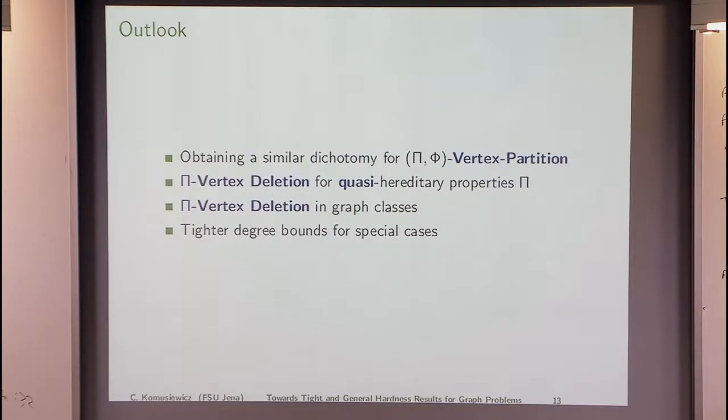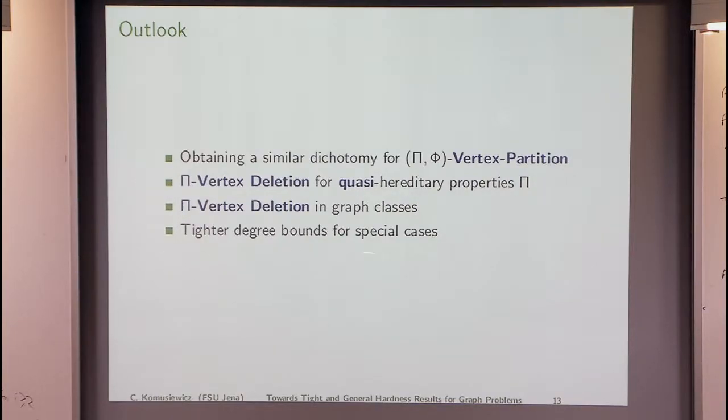But it would be nice to have a very general statement saying, if I have a quasi-hereditary property that has also some additional features, then we have a tight lower bound for this. And maybe also to look at this pi vertex deletion problem in graph classes. After Dénes's talk, the same thing should work for the planar case, giving you 2 to the little o of square root n bounds for vertex deletion problems in planar graphs, because we have this bound for vertex cover.